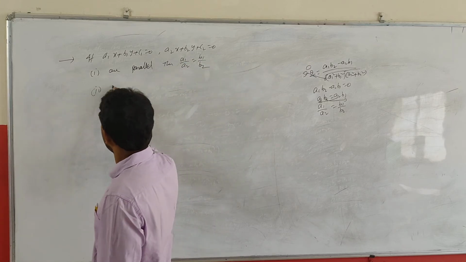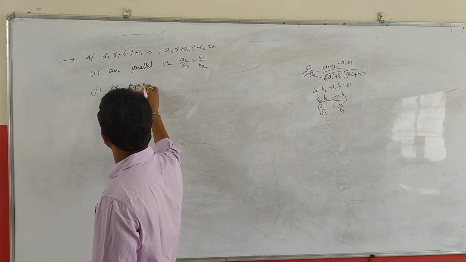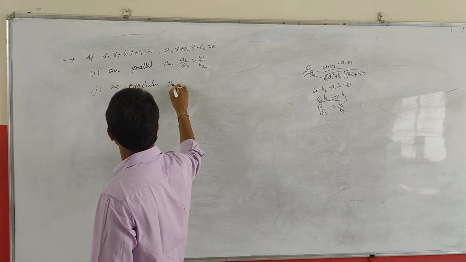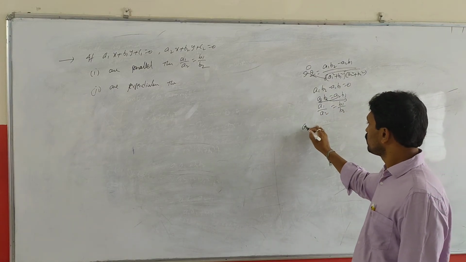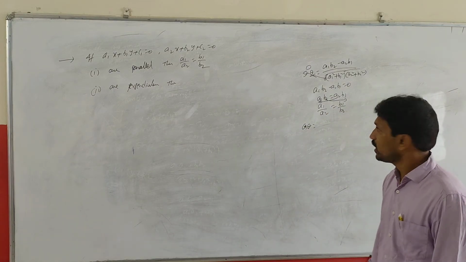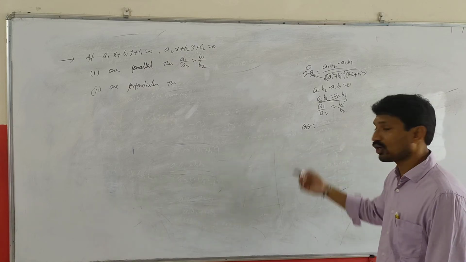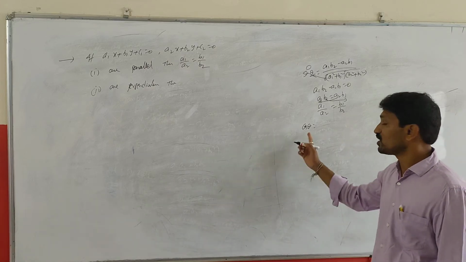Second case, the lines are perpendicular. Then what can you write? Perpendicular means you go for cos theta, which is a very comfortable zone because cos 90 is 0.